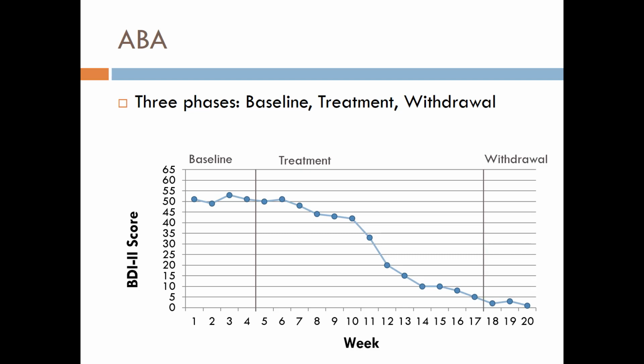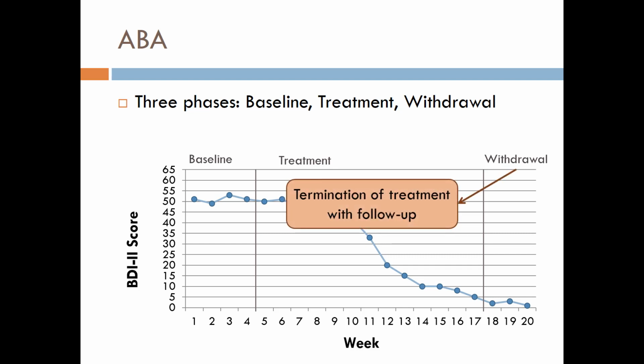This is the graph that I used before, except now you know it's called the ABA design. Remember back when I was talking about the word withdrawal? It basically is the termination of treatment with a follow-up period. That's why I was calling it the follow-up.